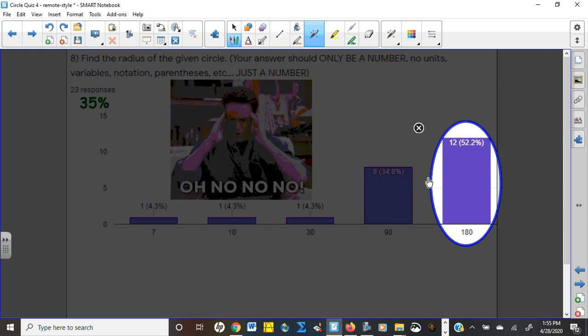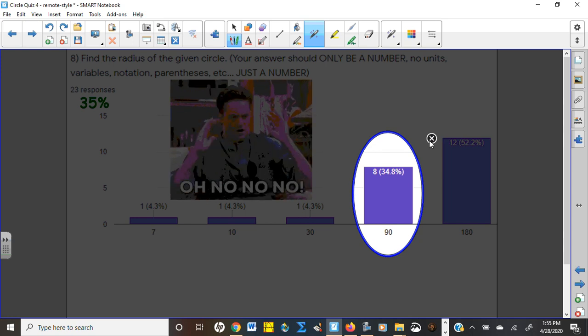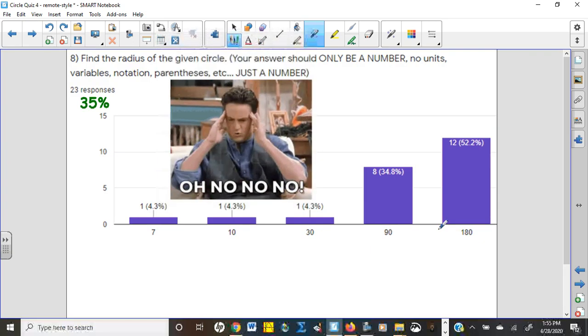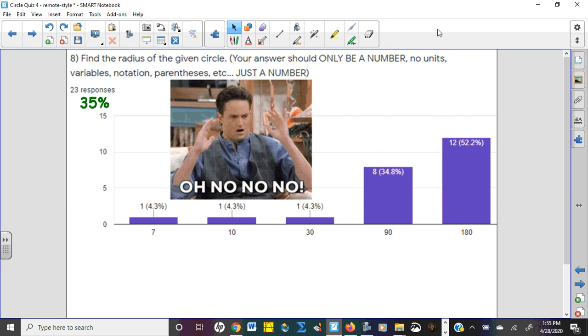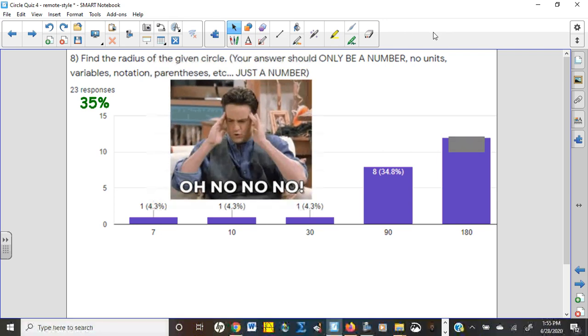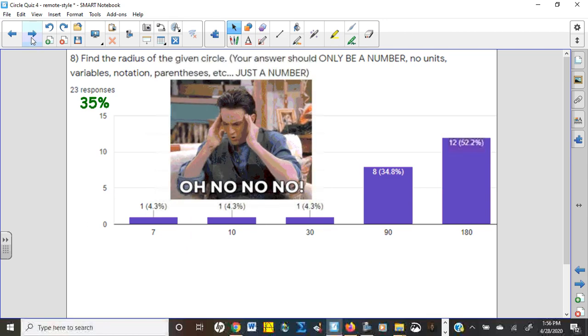But 50% more people picked the wrong answer, 12, than the right answer, 8, or actually 180 versus 90. It's an easy adjustment, but if you don't start paying a little bit closer attention to the correct angles, you're going to continue to miss these problems when really you're doing most of the work correctly.